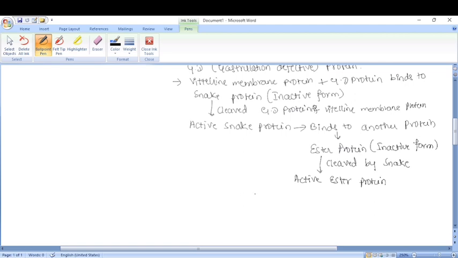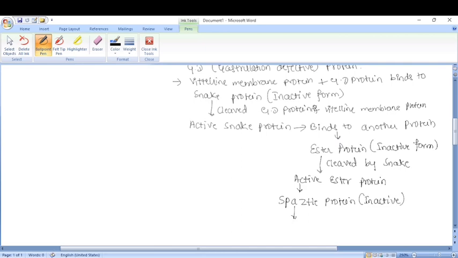Now the active Easter protein will bind to another protein that is called the Spätzle protein. Spätzle protein is also in the inactive form.